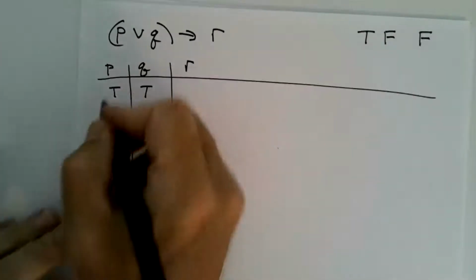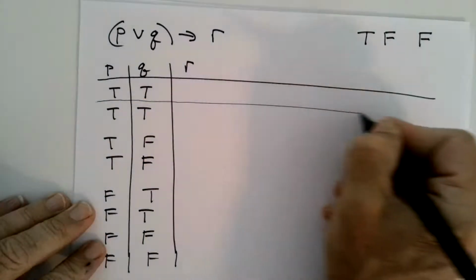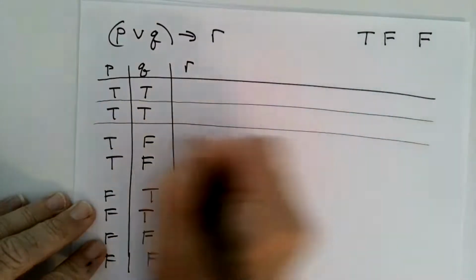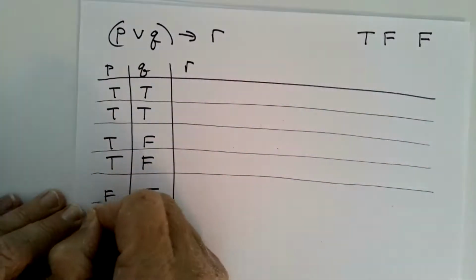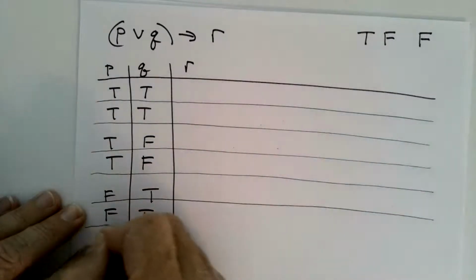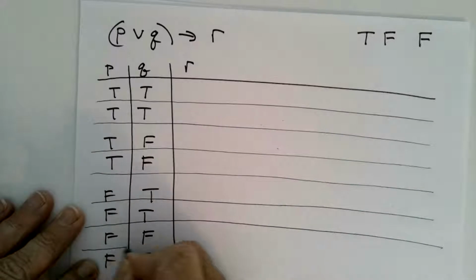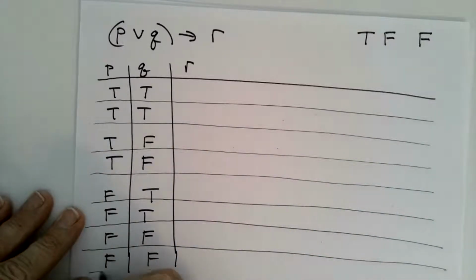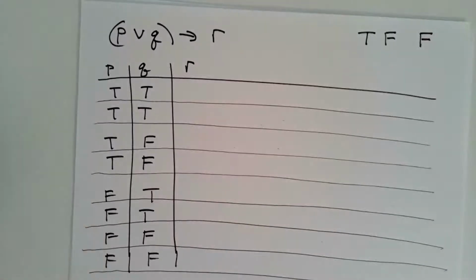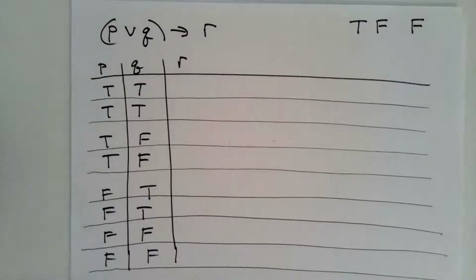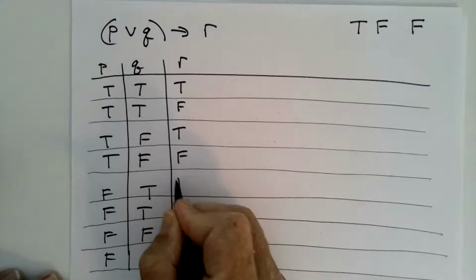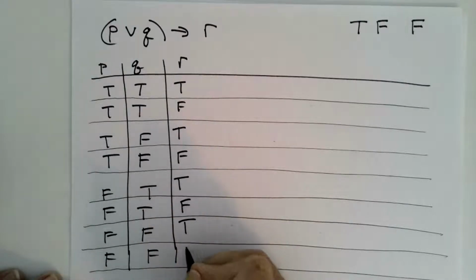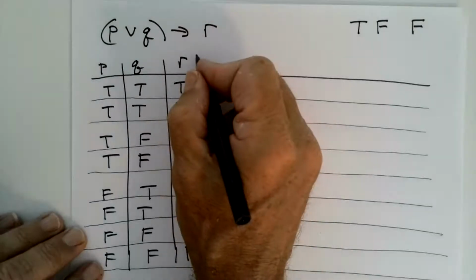And then go ahead and put in your horizontal lines. Okay, we're going to go ahead and construct our R column, alternating true, false. And these first 3 columns should always be the same when creating a truth table for P, Q, and R.